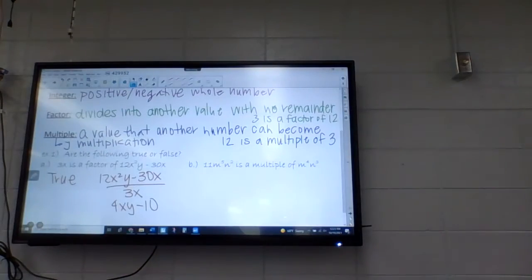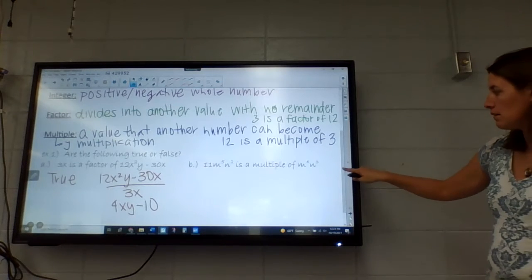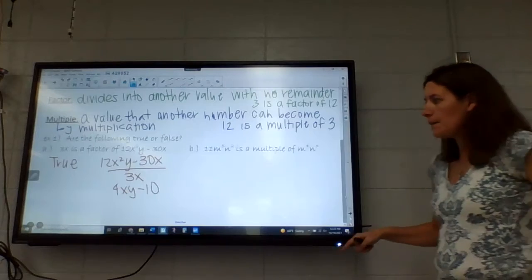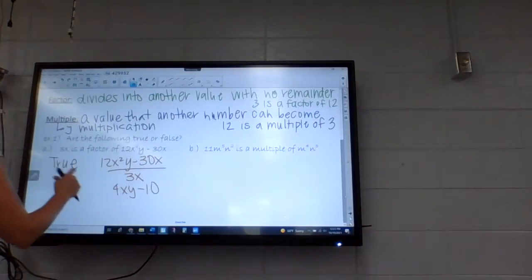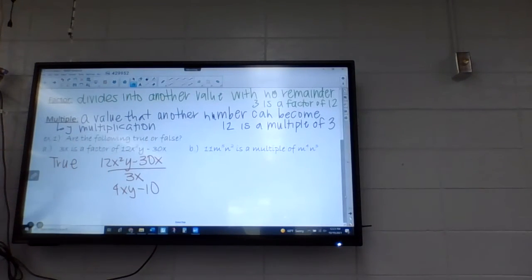Anyone have another way to explain it? Yeah, multiply 3x by something to get that. So I can take 3x and multiply it by something to get that, and what would you be multiplying by?